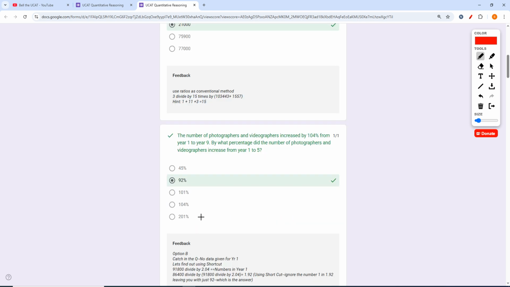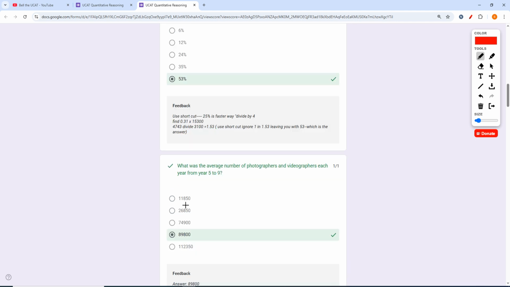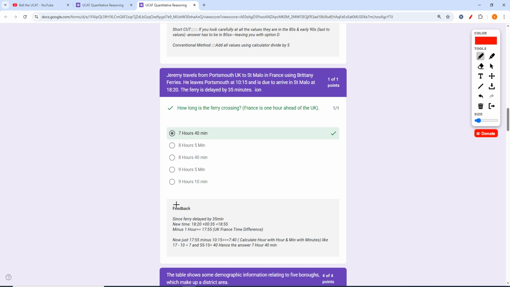Third speed maths trick: when you divide a number by 5, that means you double the numerator and divide by 10. Apart from that, there were a few more tricks. The last digit strategy we talked about. Then we talked about a question on ferries and times: hours with the hours, minutes with the minutes.